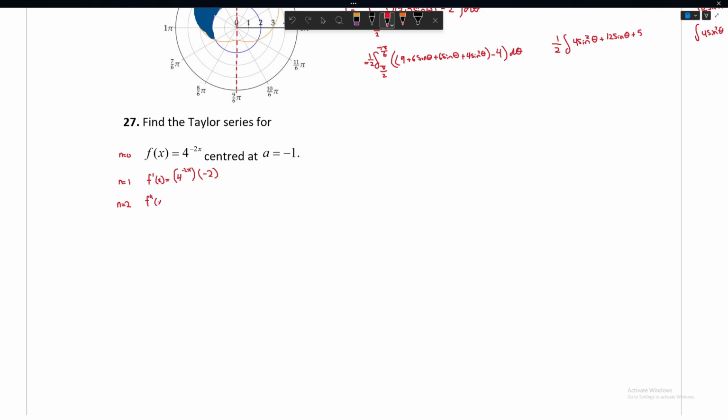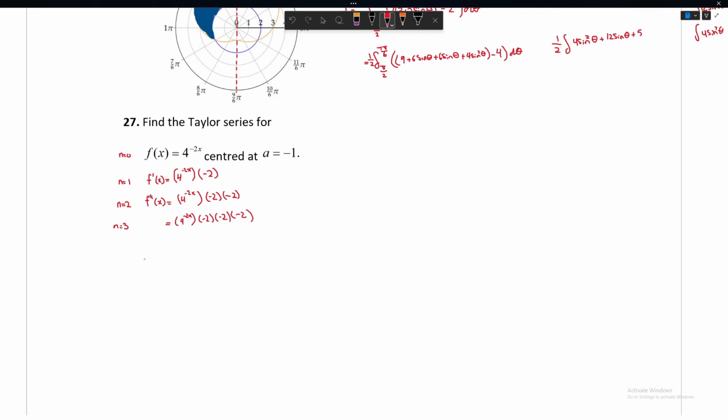Second derivative equals, same thing, 4 to the negative 2x, negative 2, and again, times negative 2. And if we do it again, we know the pattern is going to be 4 to the negative 2x again. And then we continue this, and then add one more. And this is our n equals 3.